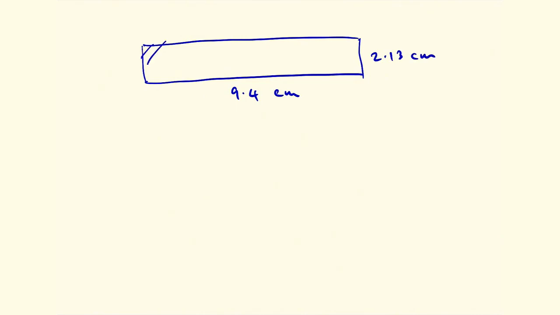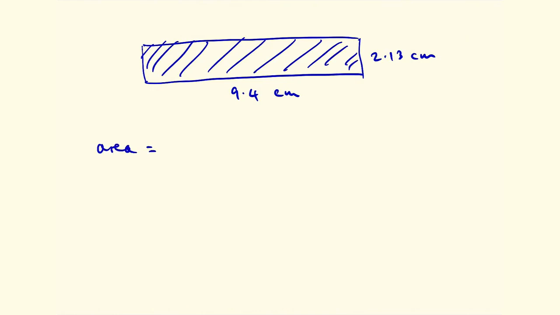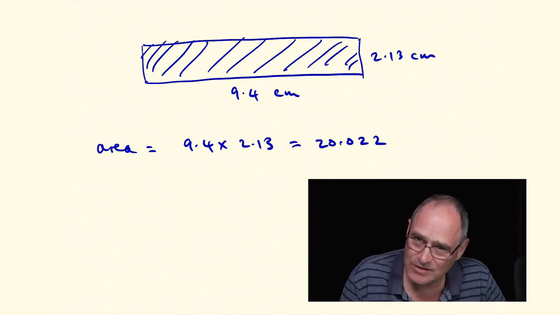So the area is obtained by multiplying the numbers together. 9.4 times 2.13. If you type that into your calculator, it's a little bit hard to do in your head, you should get 20.022. But not all these digits are significant. You don't expect to be able to quote this answer to this degree of accuracy.